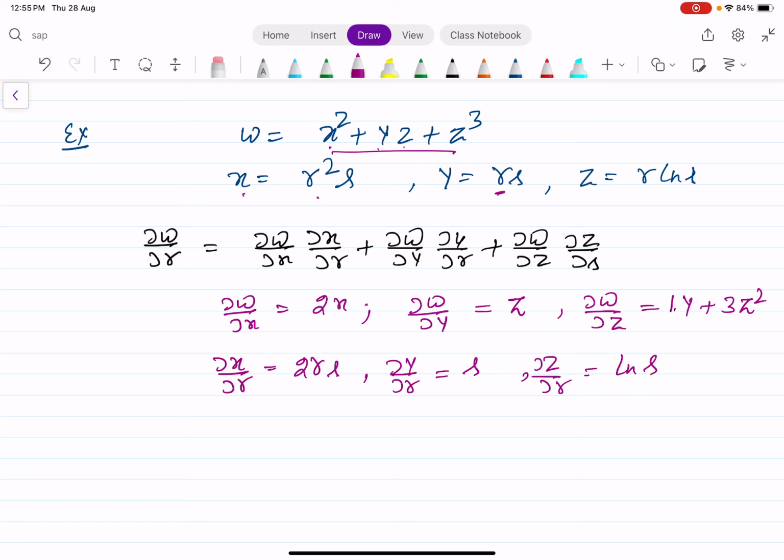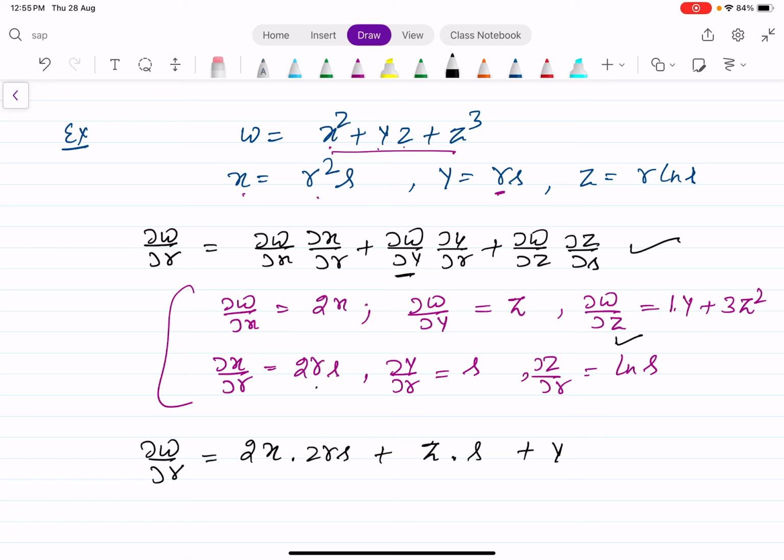Put the values of the various partial derivatives into this formula. So ∂W/∂R = 2x times 2rs, plus z times s, plus (y + 3z²) times ln s.